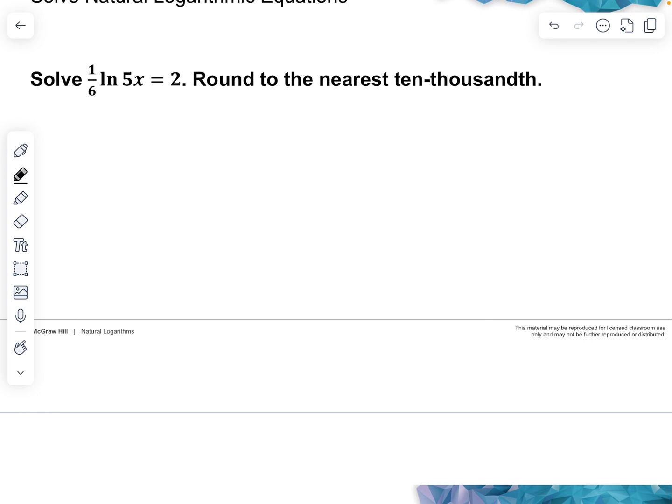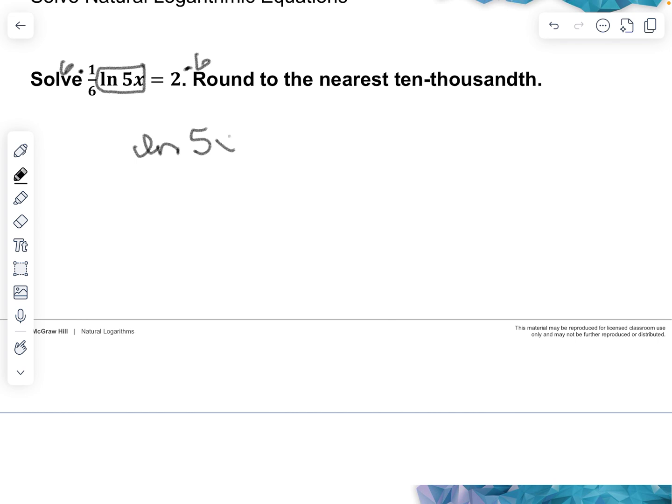This one doesn't have an e. This one has a natural log. So in my first step, I need to get this portion by itself. So I either need to divide by 1/6 or I could multiply by the reciprocal. So I'm going to multiply both sides by 6.